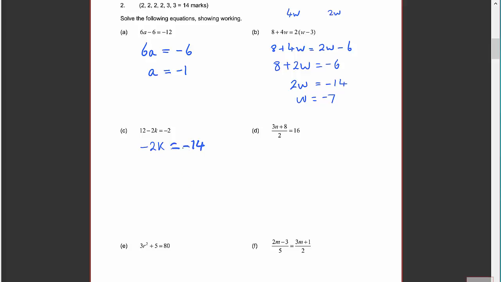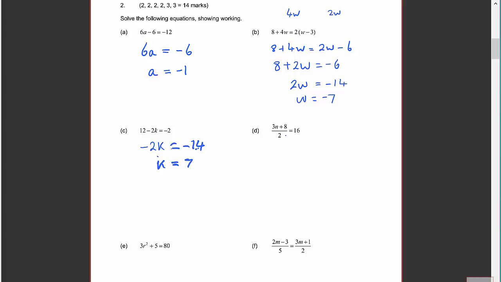Then divide both sides by negative 2, so this side gives me k. On this side, negative 14 divided by negative 2, well, negative divided by negative gives me positive, 14 divided by 2 gives me 7.